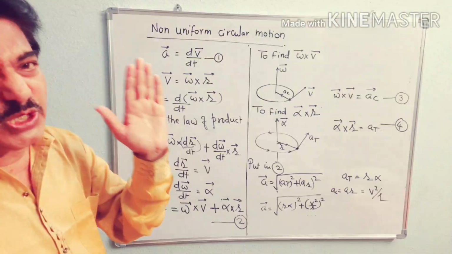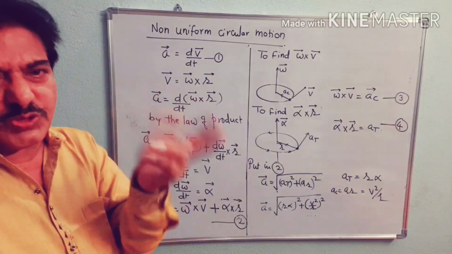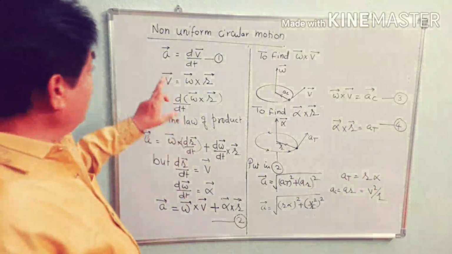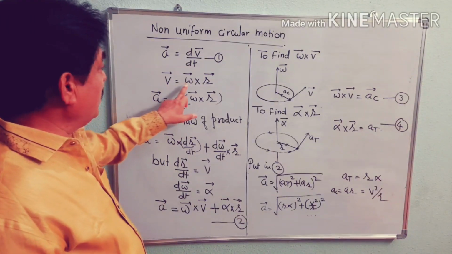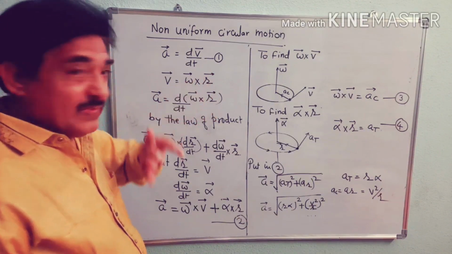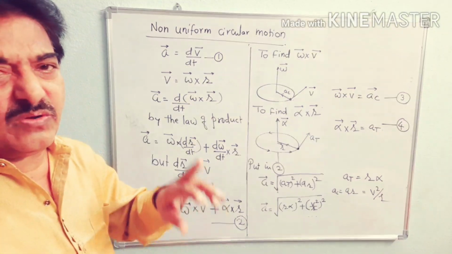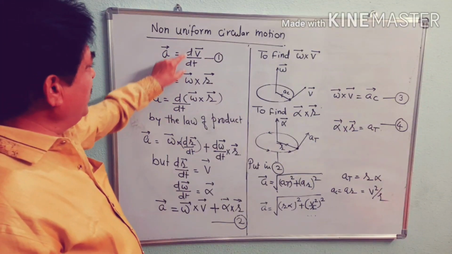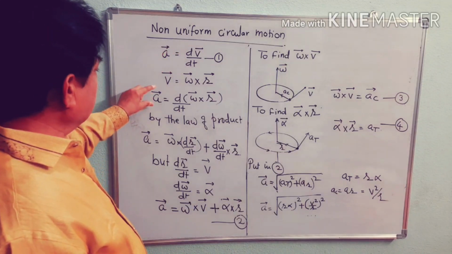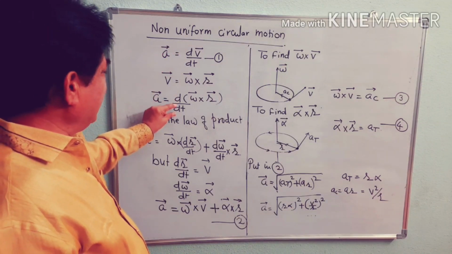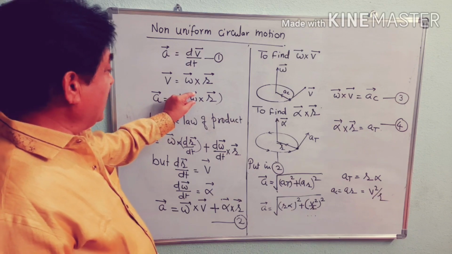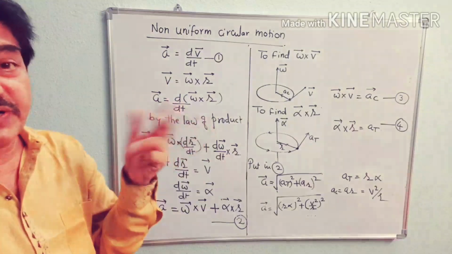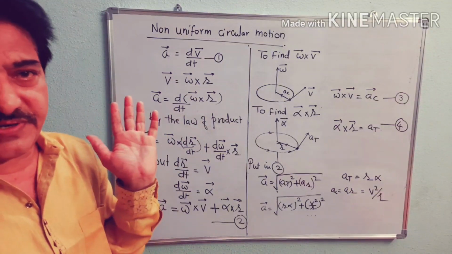But from the cross product which we have taken in angular velocity, from that relation v is equal to omega cross r, where r is the radius and omega is angular velocity. If we substitute this value in the above equation, acceleration a is equal to d by dt of omega cross r. This is a product formula for differentiation.